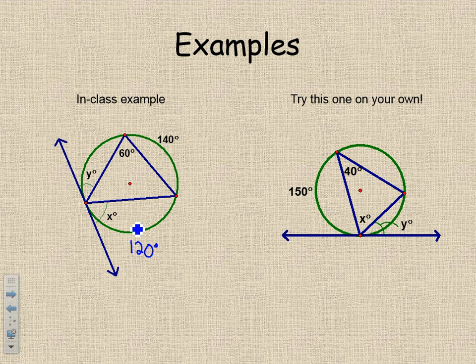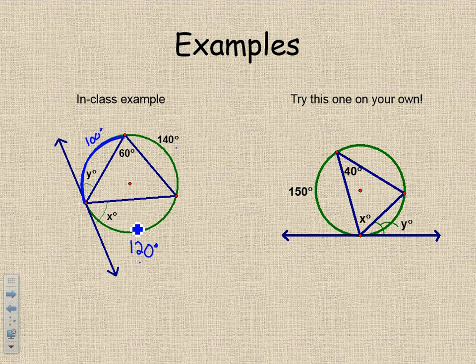Okay, so now remember, in a circle it's 360 degrees. So if I have 140 and 120, that gives me 260, which then if I want to find this missing arc, because I'm just going to find all of the arcs in order to find these angles, this missing arc then is going to be the 260 I have taken away from 360, which means the remaining piece of the circle, that remaining arc, is 100.